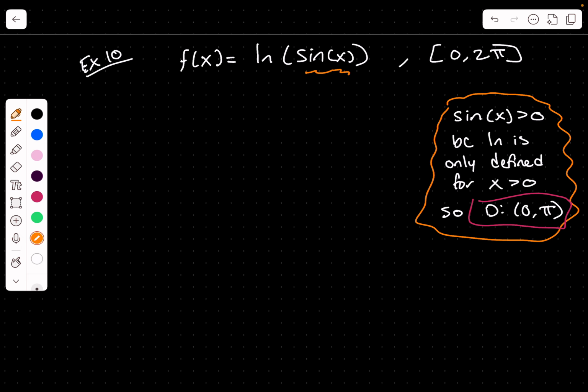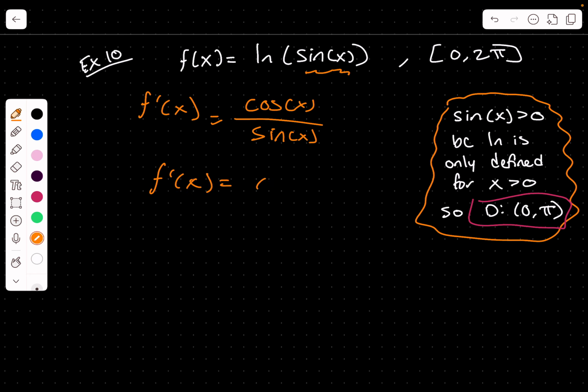The derivative of sine is cosine. So we get cosine of x over u, and u is just sine of x. So it's going to be the derivative of u over u. So that's all we have to do here. And so cosine x over sine of x is just cotangent of x, right? So that's all there is to do.